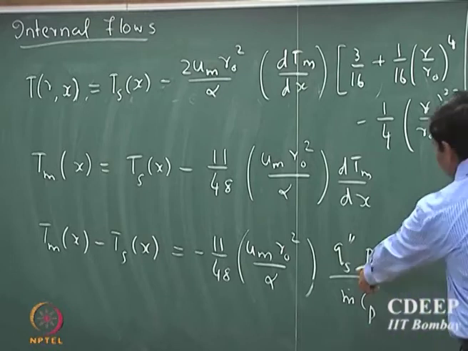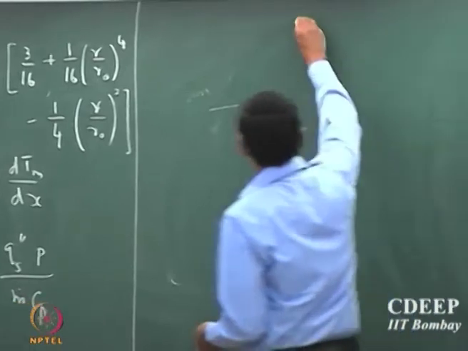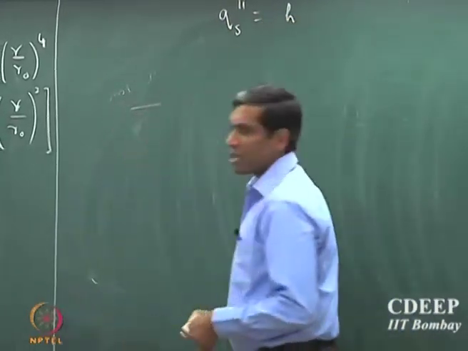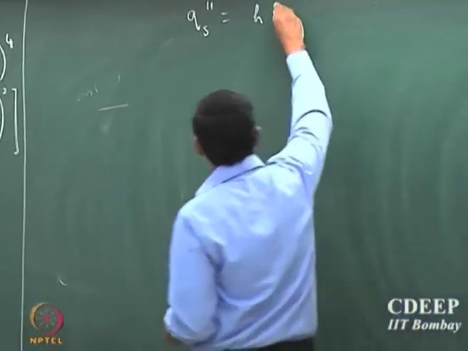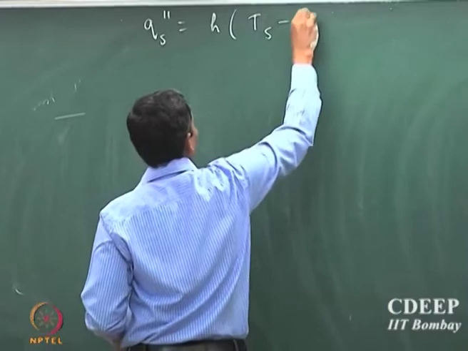Alright, so now we know Qs double prime is defined as the heat transport coefficient h into Ts minus Tm, right.